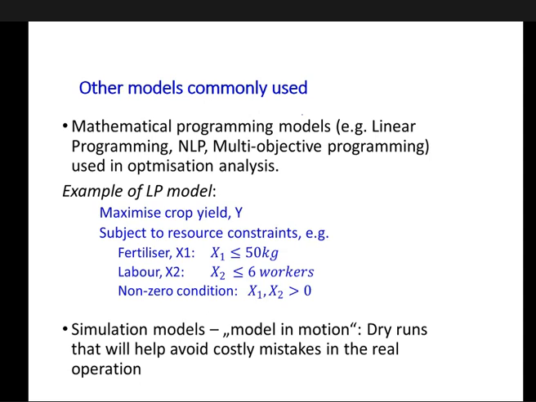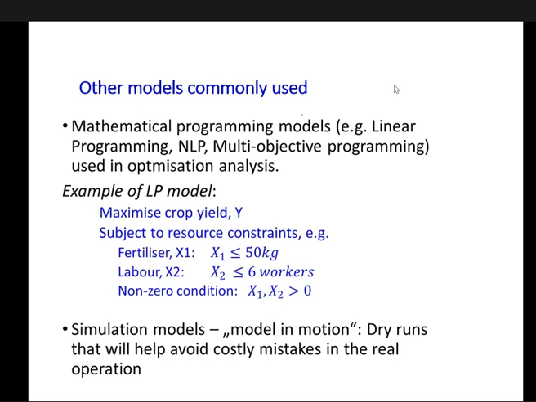Excuse me, Professor. About the non-zero condition, is it a combination of these two resources, fertilizer and labor, that must be greater than 0? No, it is separate. The fertilizer X1 greater than 0 and the labor X2 also greater than 0. Okay, it's not a combination.